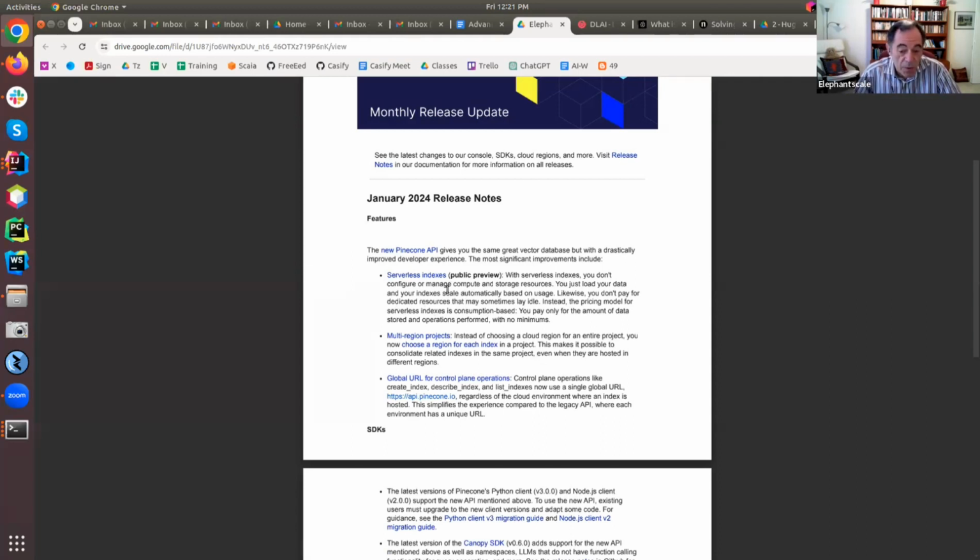So that should be cheaper, especially if you run multiple indices and you don't have to start a new machine per application or per index. Of course, later on, if the load becomes huge, it might make more sense to run a machine all the time, but serverless looks like exactly the thing, and that we already saw.